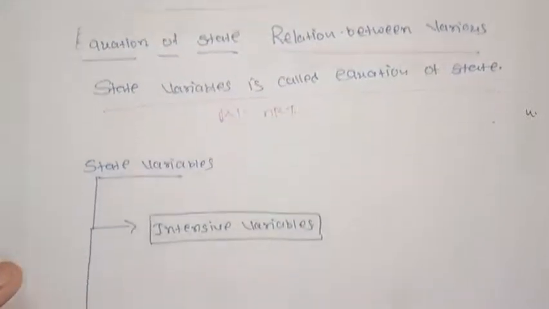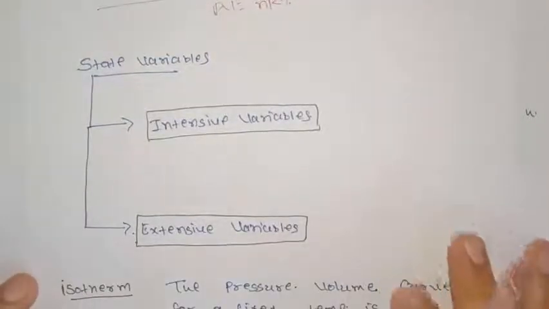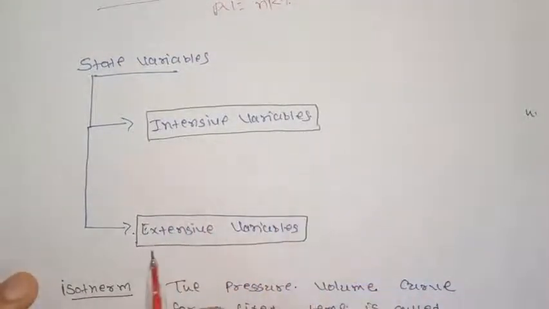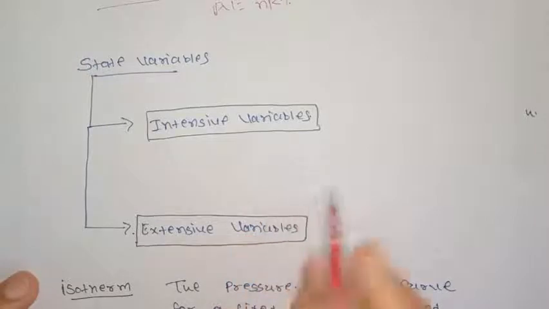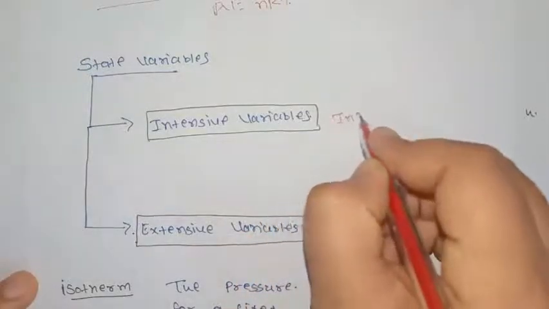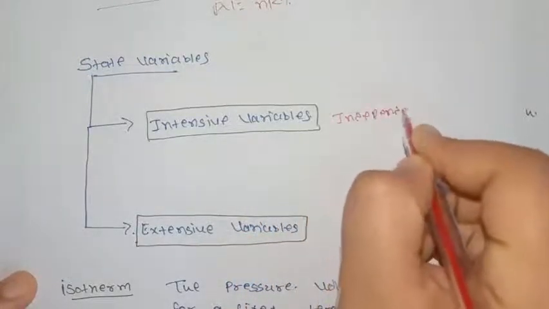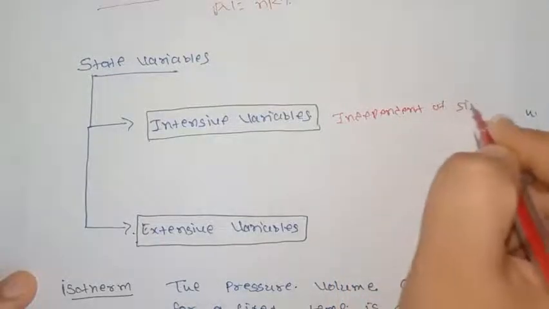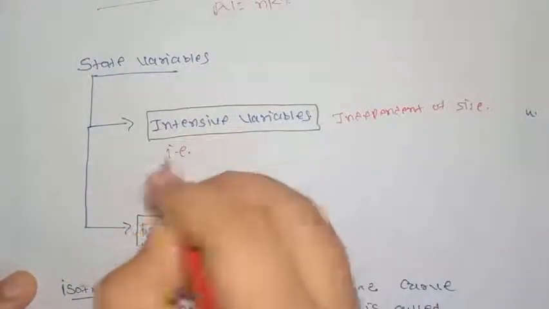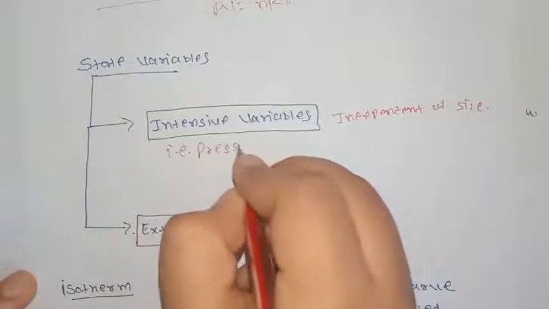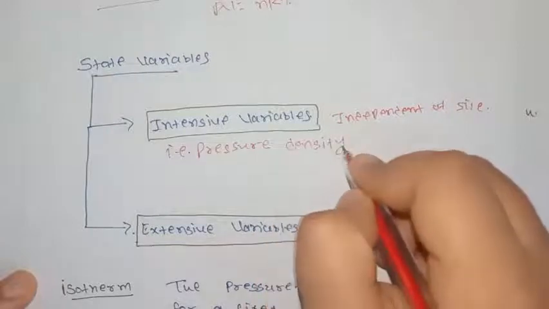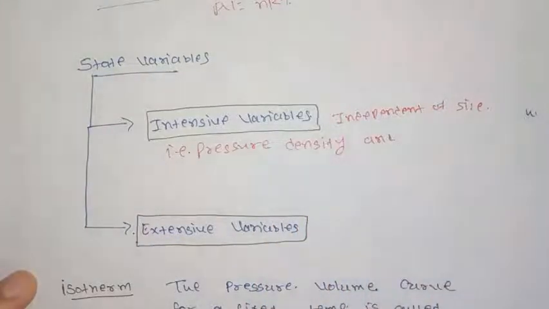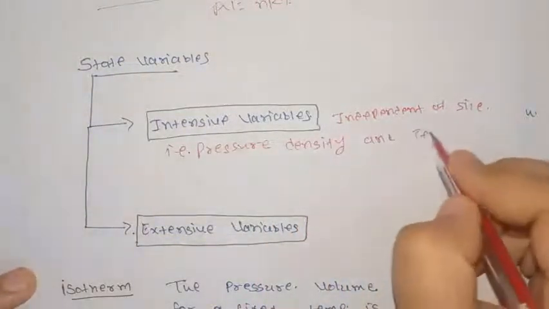Thermodynamic state variables are of two kinds. First is intensive variables and the other is extensive variables. The intensive variables are the variables which are independent of size. That is pressure, density and temperature.